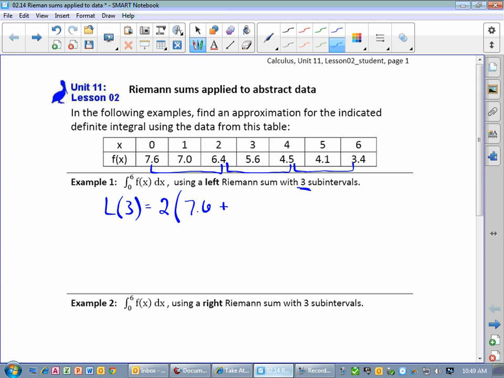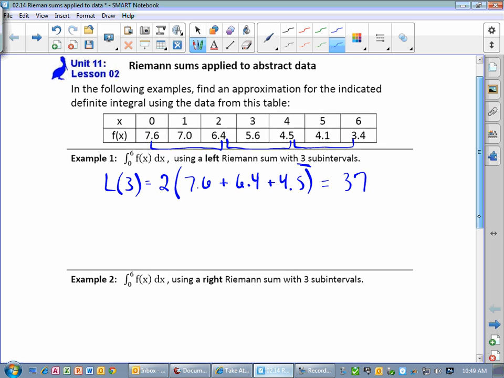So right now, 1, 3, and 5 aren't going to be used. All right, so we'll have 6.4 plus 4.5. Calculators can come in handy. We get 14 plus 4.5, so 18.5 times 2, so we get 37.